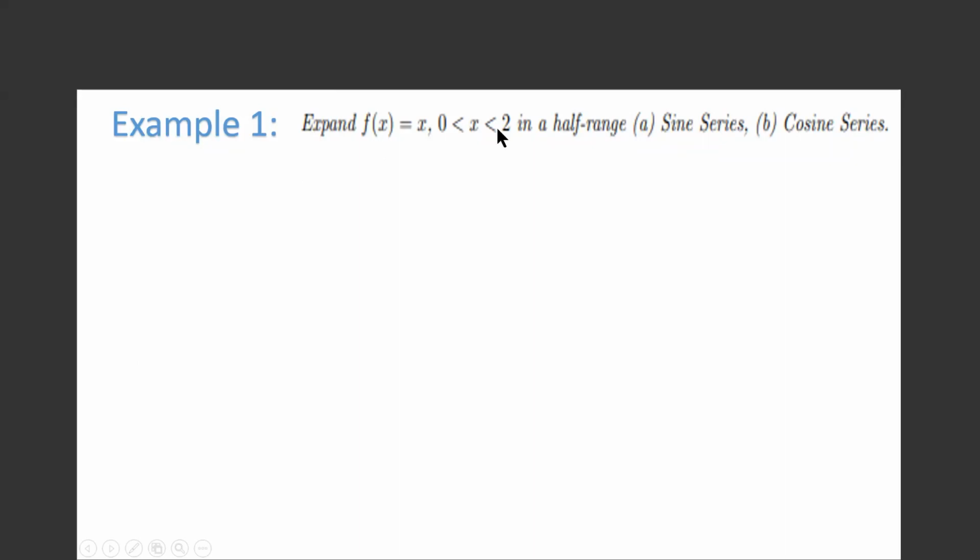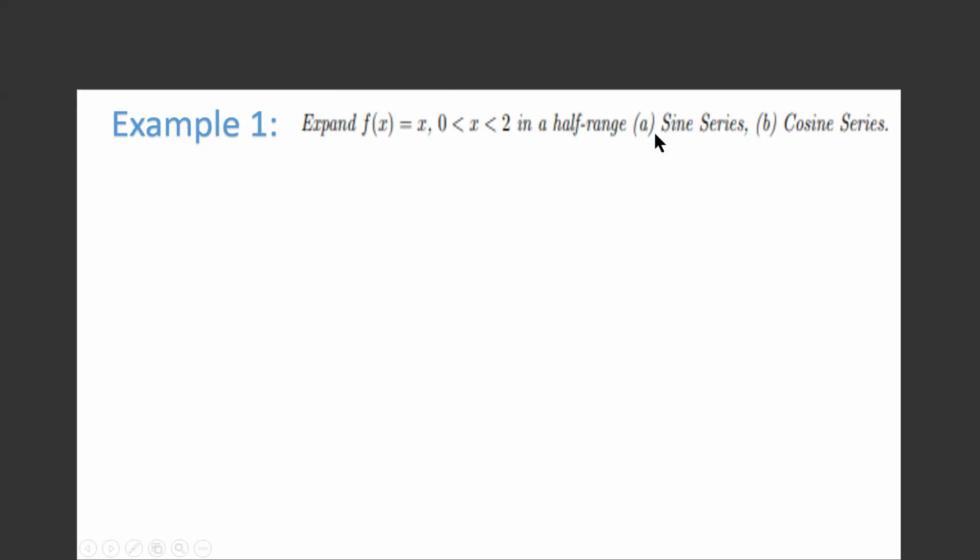So the period will be equal to what? Can you answer me, please? Anyone? It will be 4. Excellent. Yes, 4. So once he asks you to expand your function from this value, it means you expand it because this is the half range.